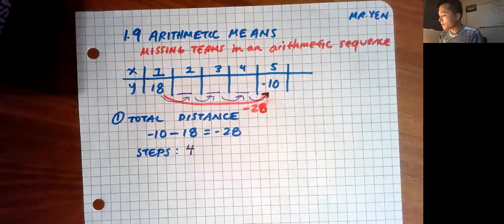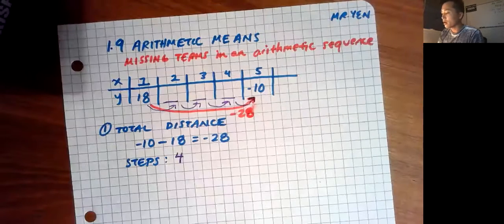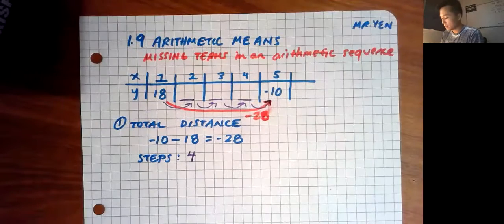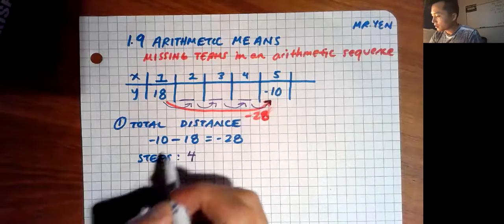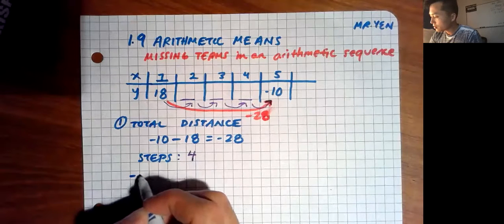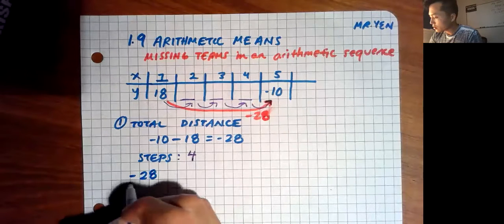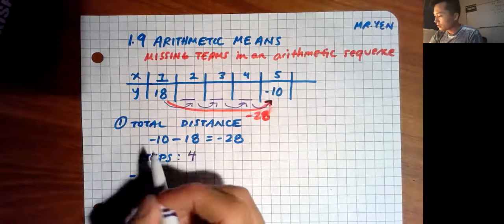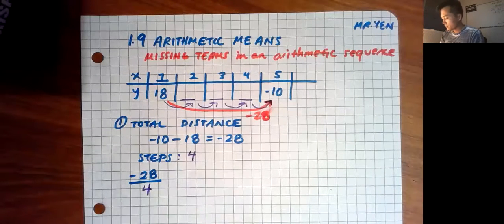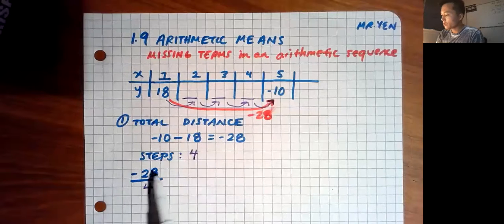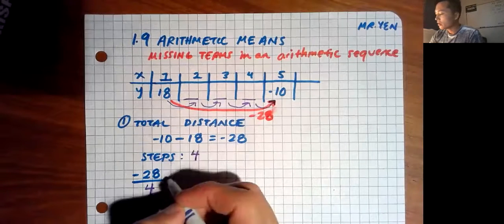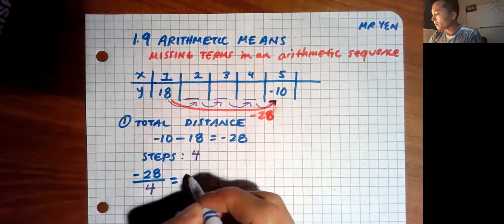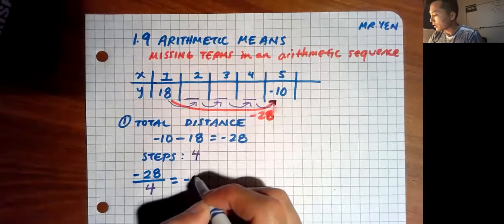So now that I have the distance and the number of steps, I can figure out how much distance I'm traveling with each step. I'm going to take the distance, which is negative 28, divided by the number of steps, which was 4. 28 divided by 4 is 7. And because it's negative divided by a positive, the answer is going to stay negative.